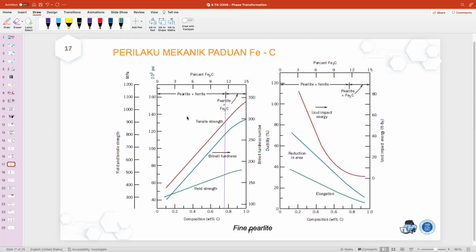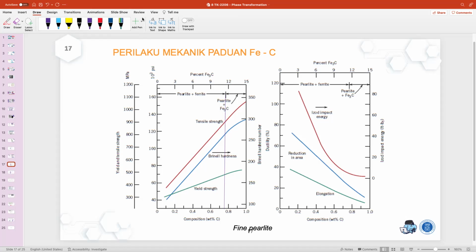Okay, so to sum up, between the continuous cooling transformation or the isothermal transformation, by designing the process on the diagram, you're going to end up with the microstructure.